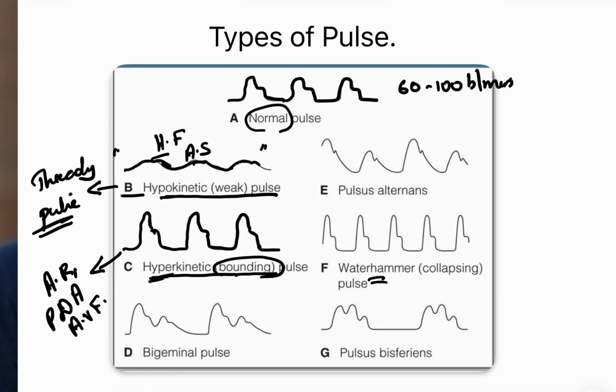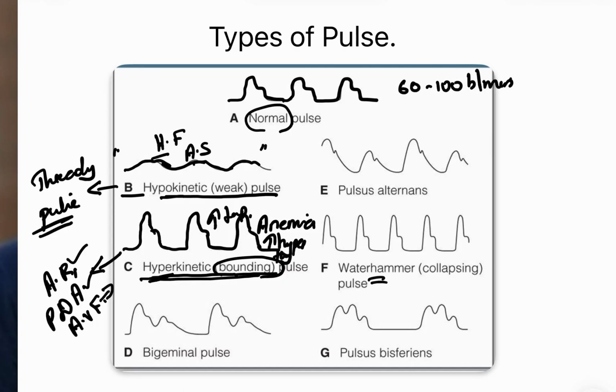If the patient has an arteriovenous fistula, then the patient can have a bounding pulse. Also in some hyperdynamic cases like increased temperature or fever, anemia, or thyroid toxicity like hyperthyroidism, a hyperkinetic or bounding pulse is seen.